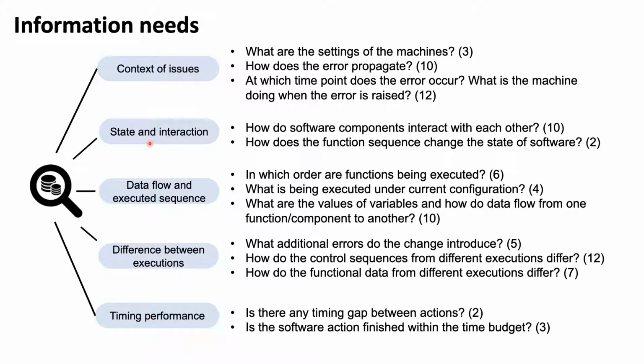To further understand the code-level details, developers need to inspect the data flow, the order of function calls, and for some scenarios, developers also need to inspect the differences between multiple logs and information related to timing performance.